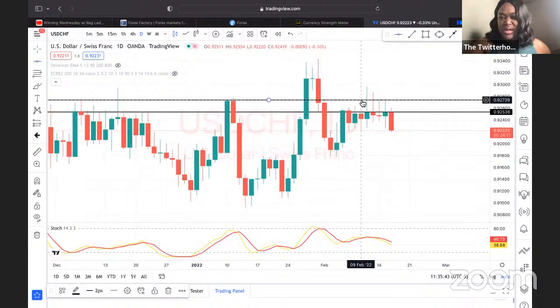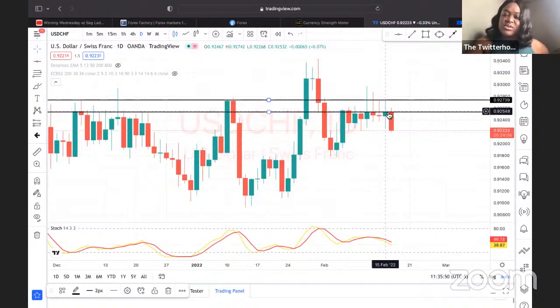I mark the wick and the body. And since I'm doing it at the top of the candle, is this support or resistance? The line above the candle and at the top of this wick here. Is that support or resistance?